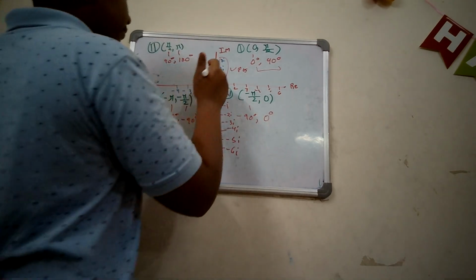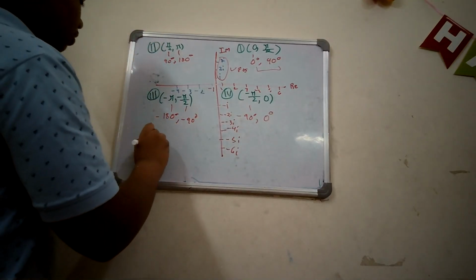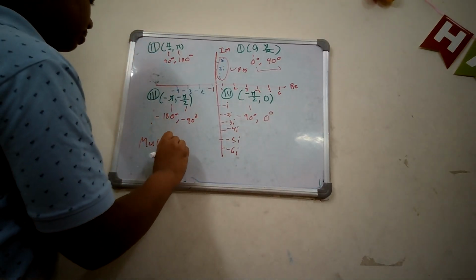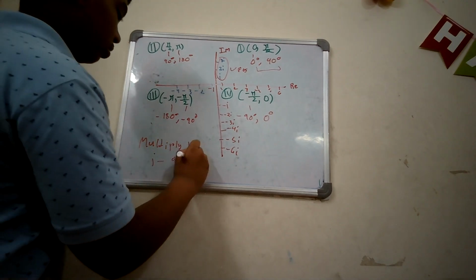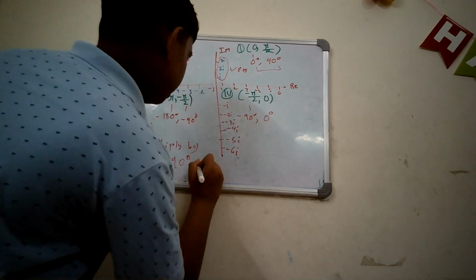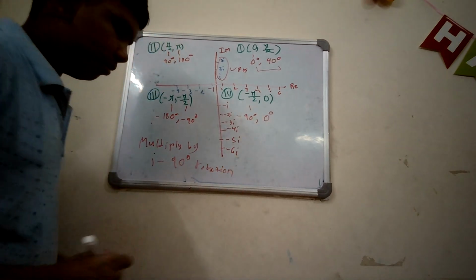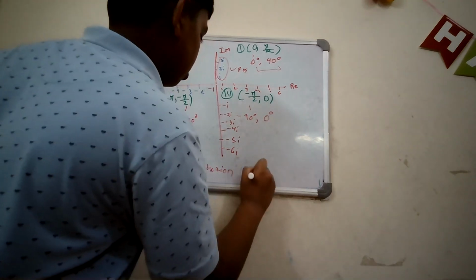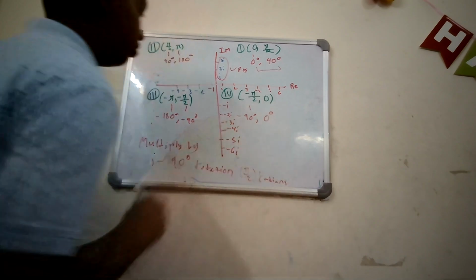Why? Because when we multiply by i, it is a 90 degree rotation. We know that, right? Or we can say pi upon 2 radians. Okay?